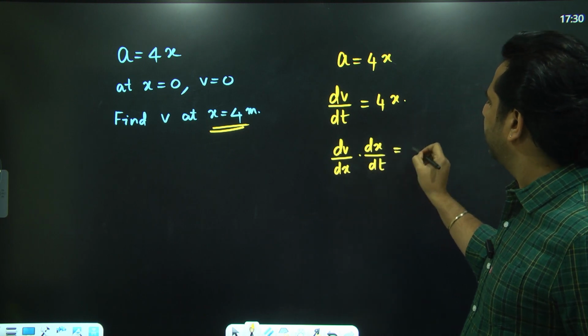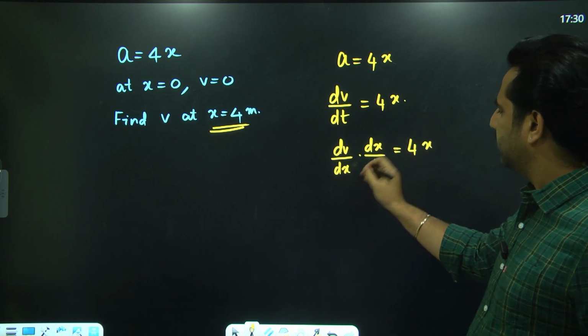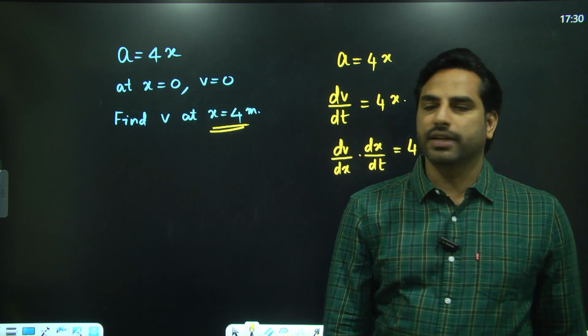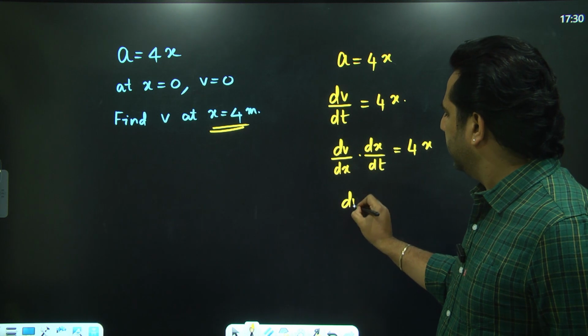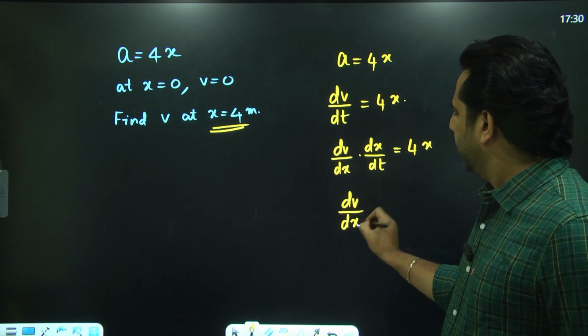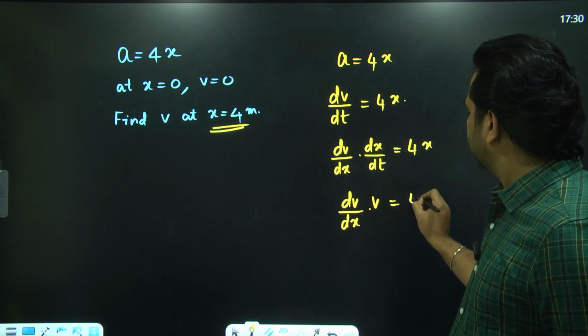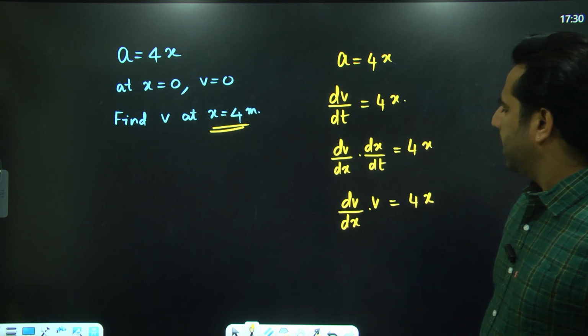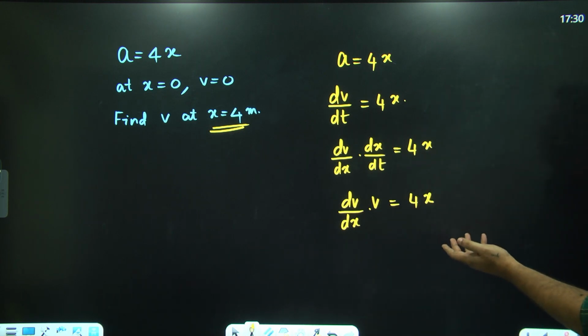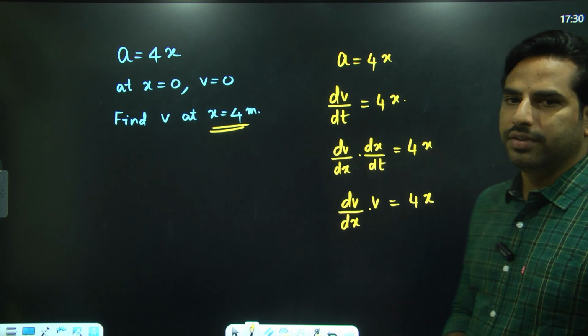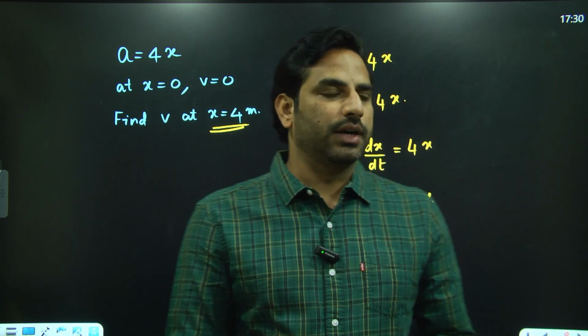By applying chain rule of differentiation, you can do this. I am just multiplying and dividing by dx. Then it is dv by dx into dx by dt is v, which is equal to 4x. Now you can easily integrate this and find velocity as a function of displacement.